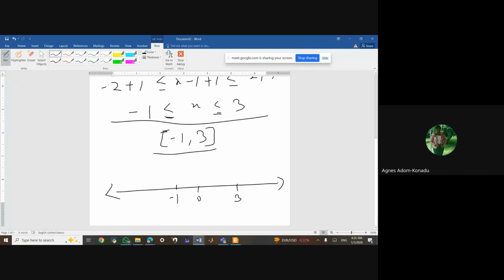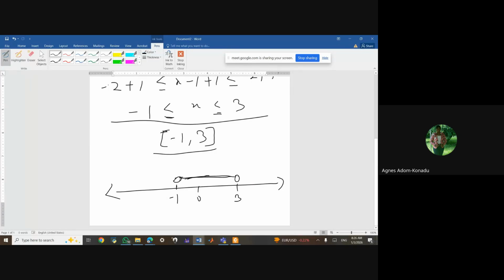Okay. So it says that my x is greater than or equal to negative 1. So I have negative 1 here. Greater than negative 1 is this way. But my x is less than or equal to 3. So my 3 is here. Less than 3 is here.